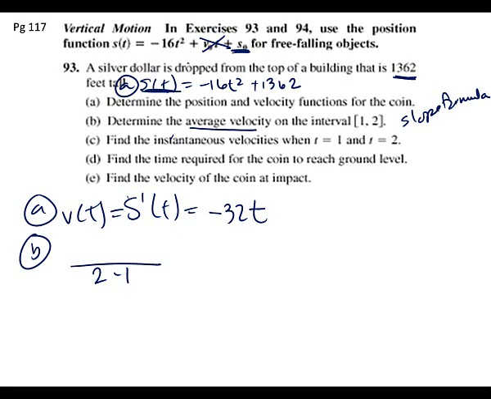So when I plug in, and again, we're not using calculator, but it would be nicer tomorrow if I give you this one. If I plug in 2, we'd have what? 2 squared is 4 times negative 16 is what?